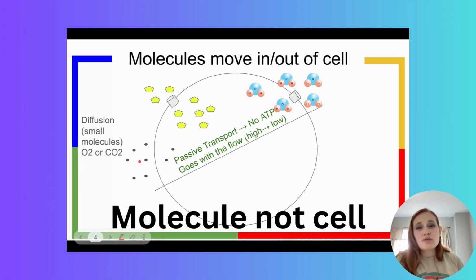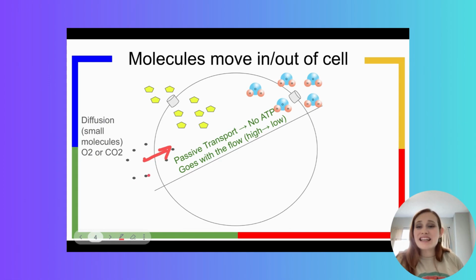In passive transport, we want equilibrium. So these molecules are going to go across, going inside the cell until we have an equal amount in and out, until equilibrium is reached. So that is passive transport. Molecules are going to go inside.